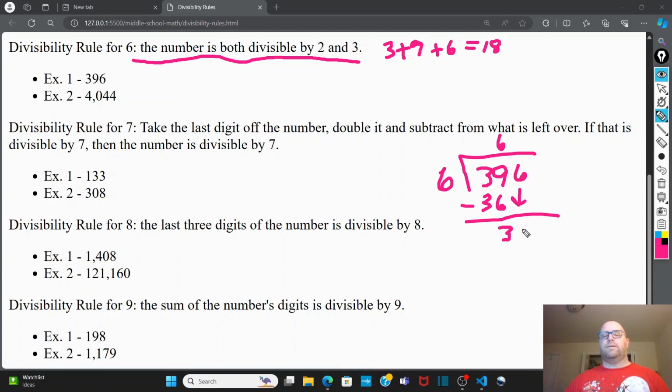Bring down the 6. 6 goes into 36 6 times. 6 times 6 is 36. 36 minus 36 is 0. Remainder of 0, so this one checks.